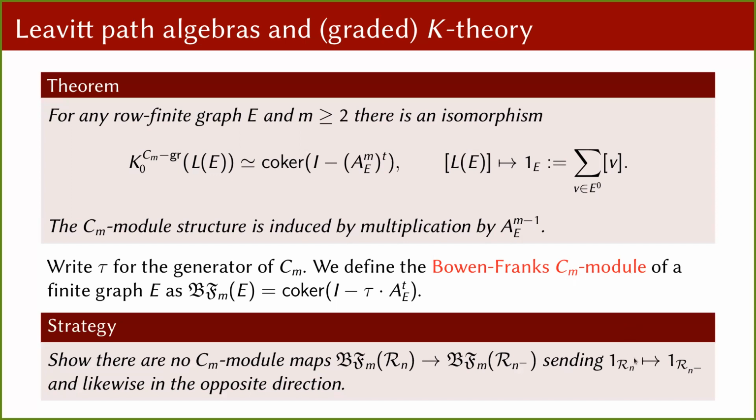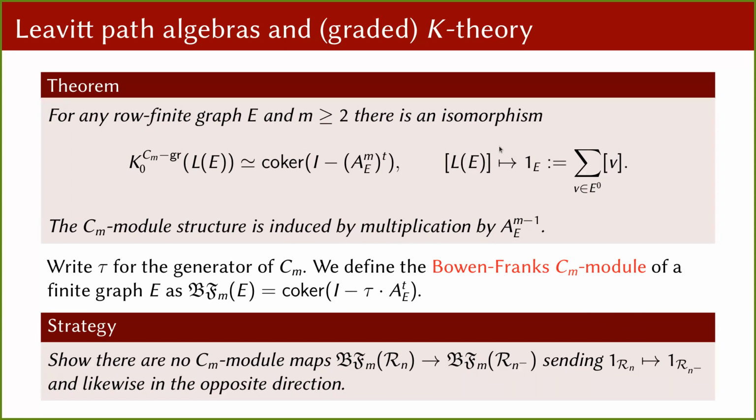For that, I should say what a distinguished element is. By that, I mean the class of the free module of rank 1 of LE in this abelian group, which corresponds to the sum of vertices. Here we think of vertices as basis elements on the domain of this matrix, thought of as an endomorphism.